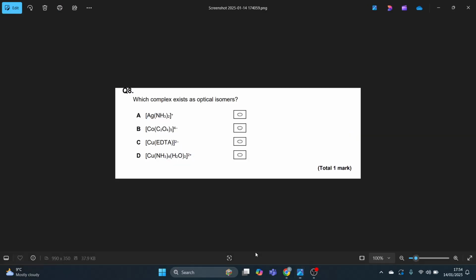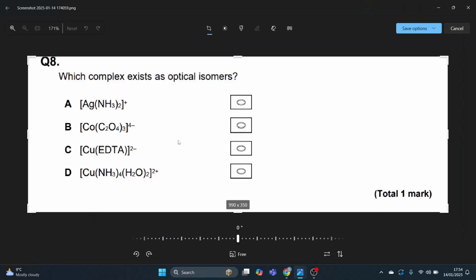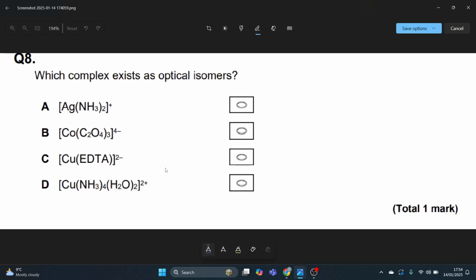Question 8. Which complex exists as optical isomers? There is a mistake with this one, because that's Tollens reagent.